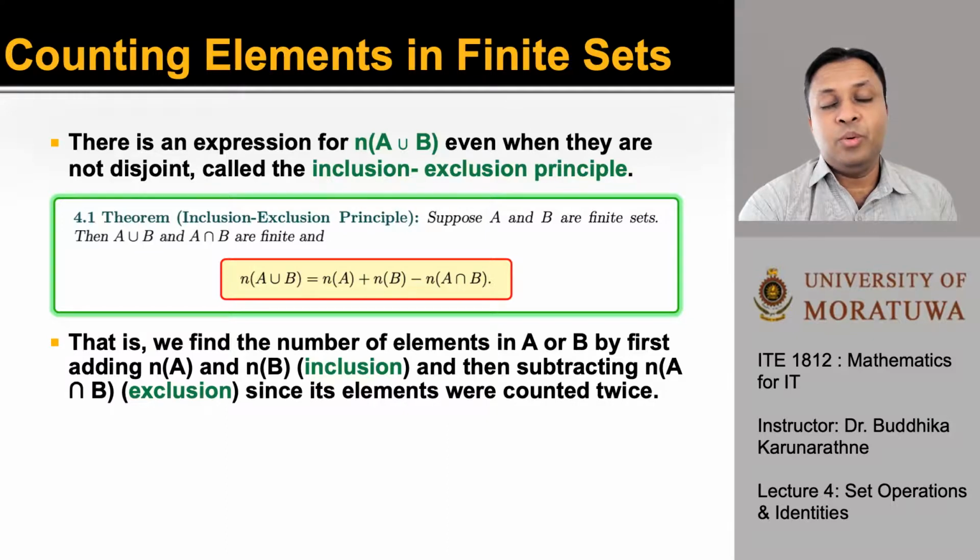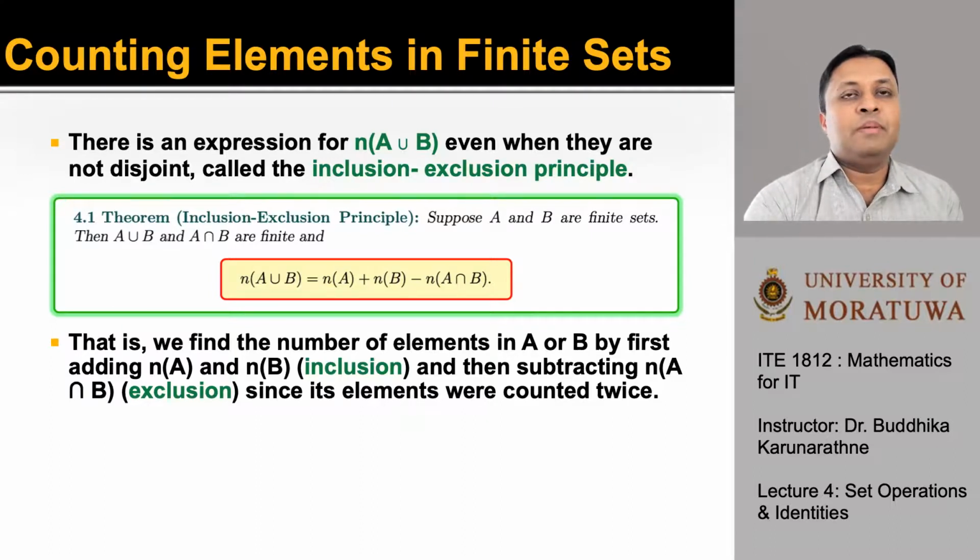You need to exclude whatever elements are in the intersection of A and B. So we define the number of elements in A or B by first adding all the elements of A and B. That's why we refer to that as inclusion. And then we subtract the elements in the intersection set. In this step, we exclude some elements.